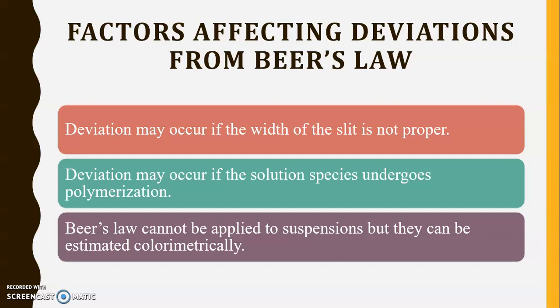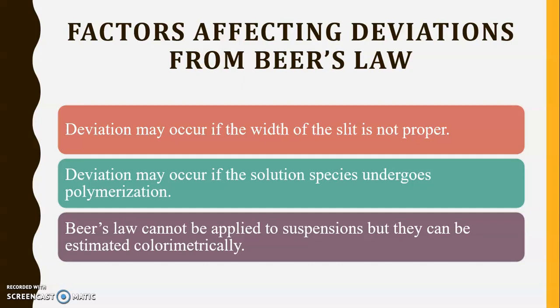Mainly these deviations are true deviations, related to the chemical property of that species. Some deviations are related to instrumental factors. Some deviations are due to different absorbance related issues.